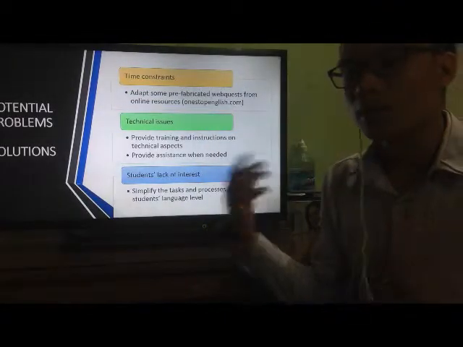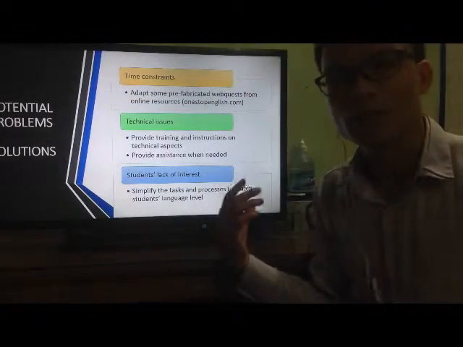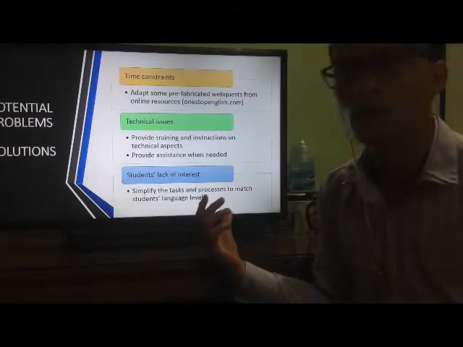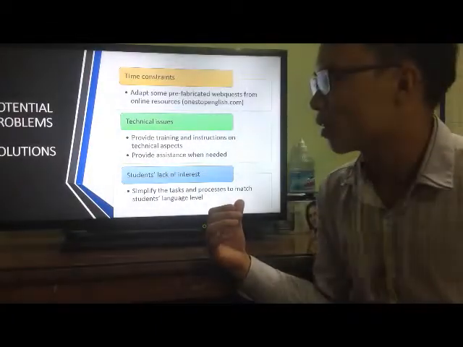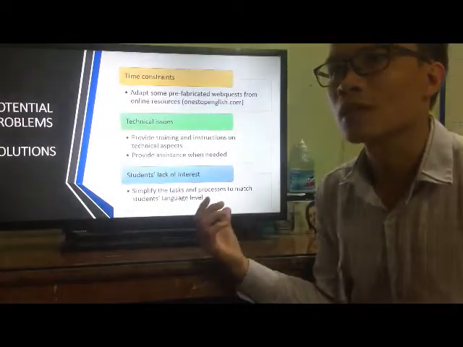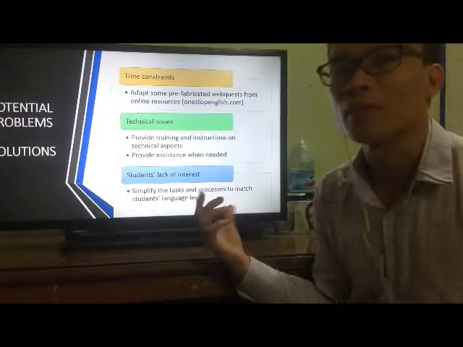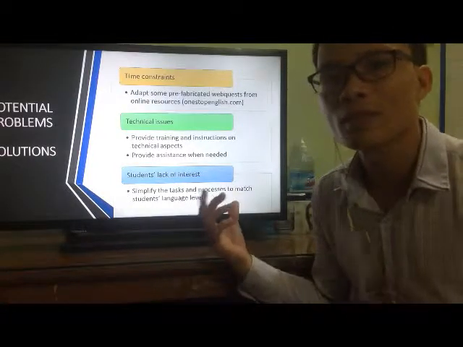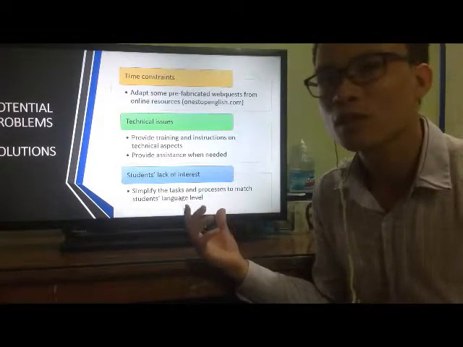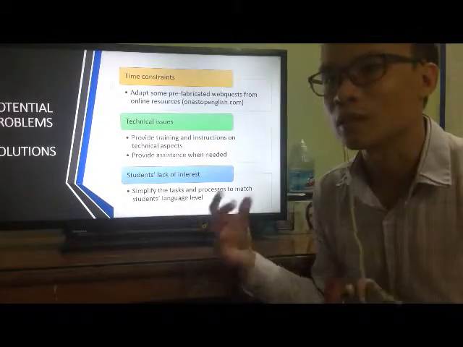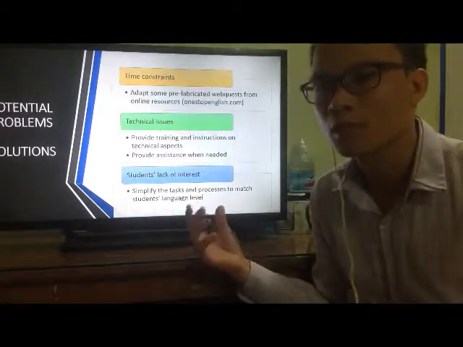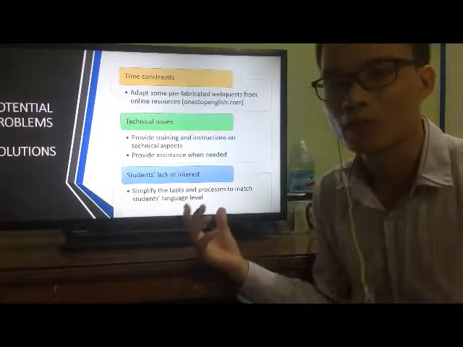So that's everything I want to talk about regarding my intention with the innovation of using webquest in an EFL reading context. What I really want to see when I implement the innovation is an increase in my students' motivation to read, and also along the way a significant improvement in my students' comprehension ability.